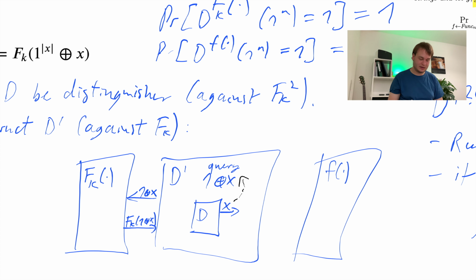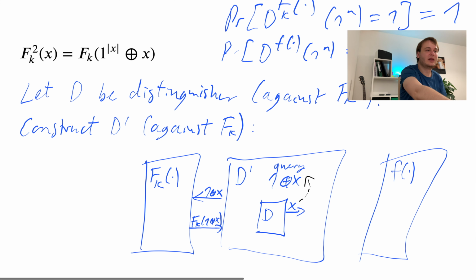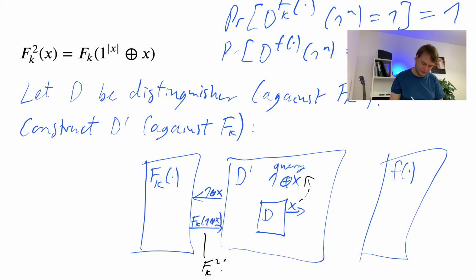And well, the nice thing is that this is exactly the definition of this fk2 that we have. So the result here is actually fk2 of x. So if it then gives this value back to D, then if D prime is in the world where it talks to a pseudorandom function, then for D, it will also look like it's in the world talking to its pseudorandom function, maybe to fk2.